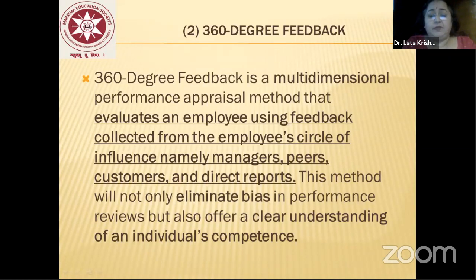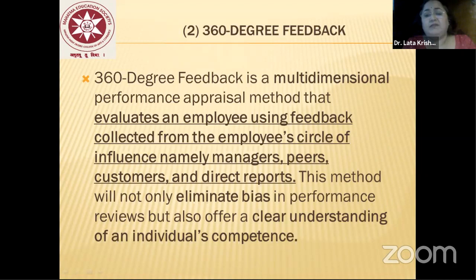Biases can come when you're taking feedback from a superior, because a superior may want to just not spoil the career of an employee and may give a satisfactory report or good report. Maybe that is because it's a traditional route taken, that of taking feedback from a superior, biases can creep in very easily.